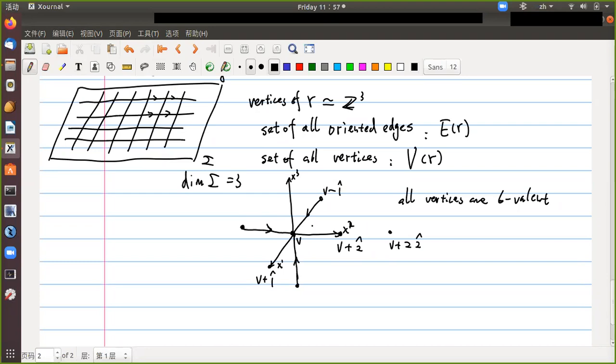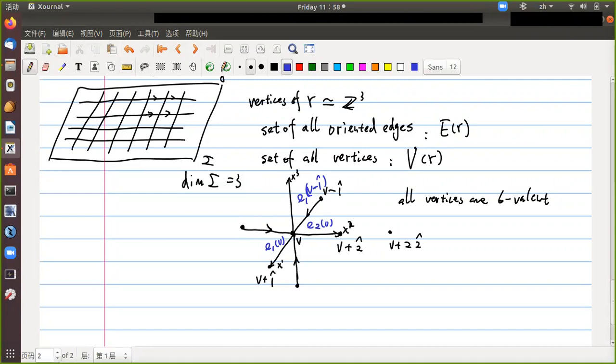And also this edge, I change the color. This edge I will call E2 at V. And this edge I will call E1 at V. And then this edge, it's outward pointing from V minus 1 hat, so I will call this edge E1 at V minus 1 hat.